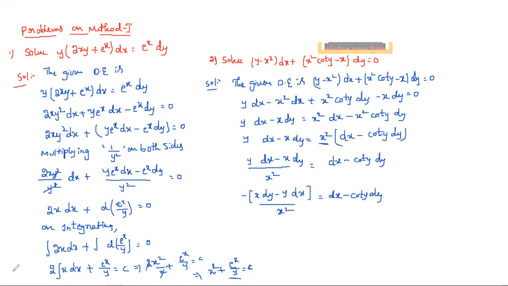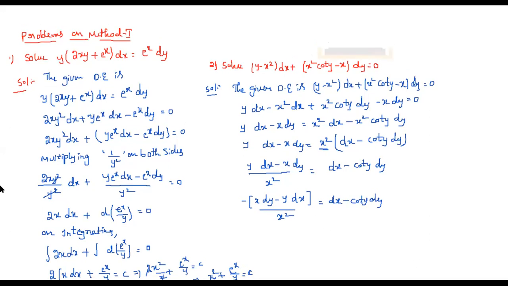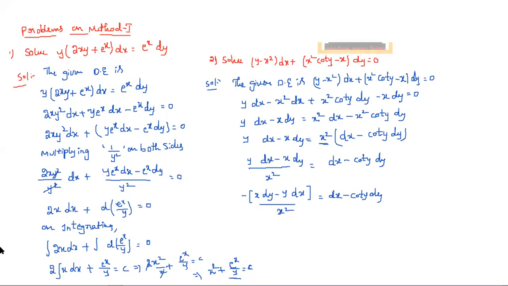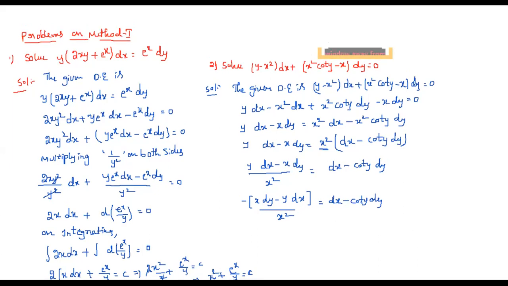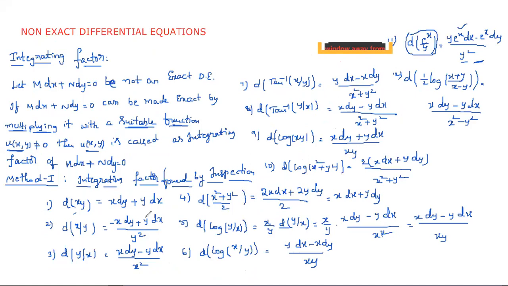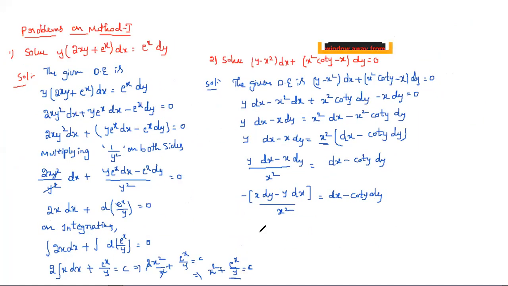If you observe this, is this in the form of any formula? See here, (x dy − y dx)/x². If you see the previous formulas we discussed, it is the third formula, (x dy − y dx)/x². So in place of that we can write the derivative of y/x. So minus d(y/x) is equal to dx − cot y dy.